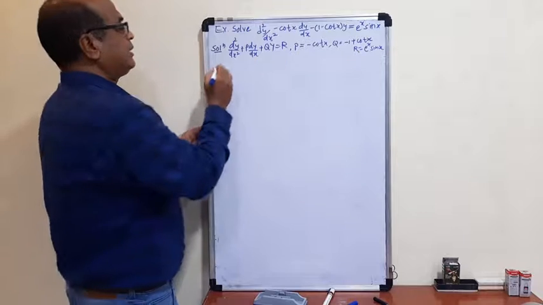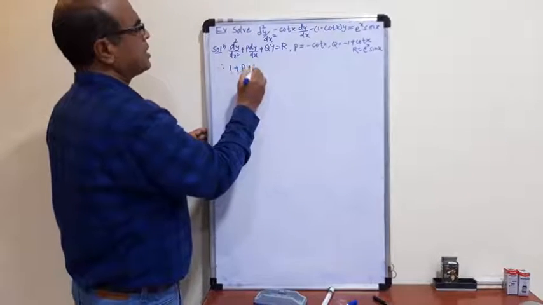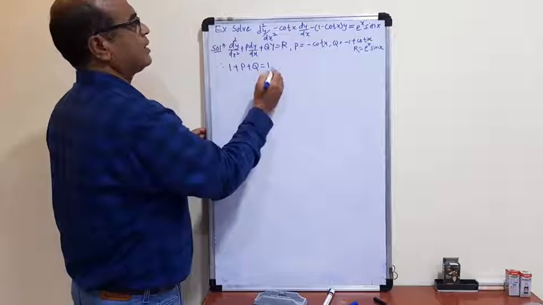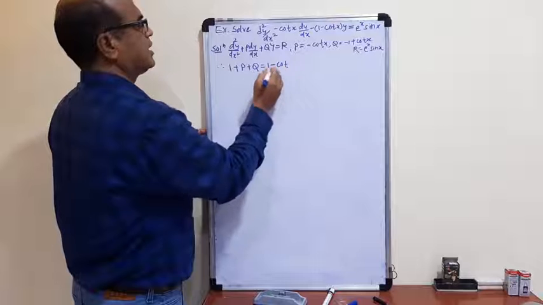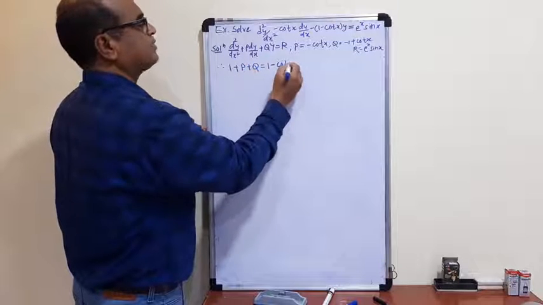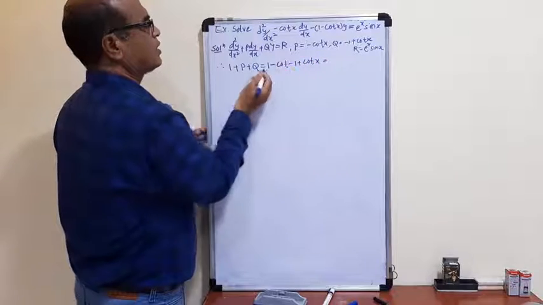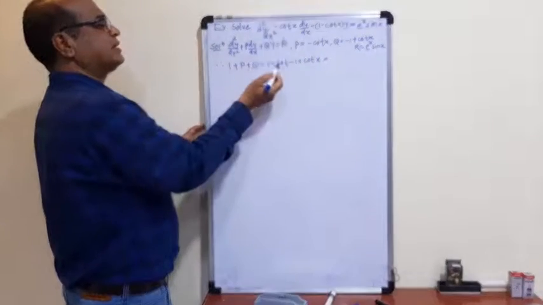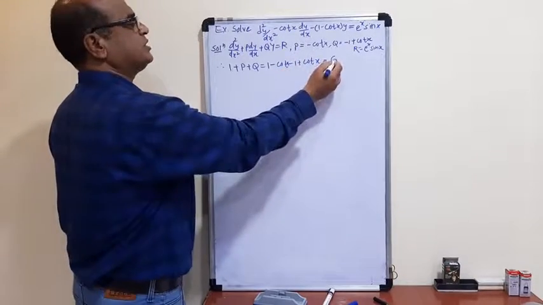So we take a rule, that is 1 plus p plus q. p is minus cot x, plus q, that is minus 1 plus cot x. So this is equal to what? 1 minus 1 gets cancelled, minus cot x plus cot x gets cancelled, so this is 0.